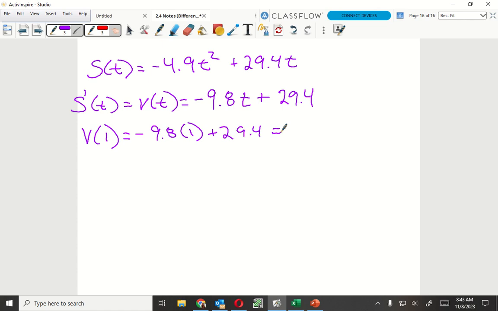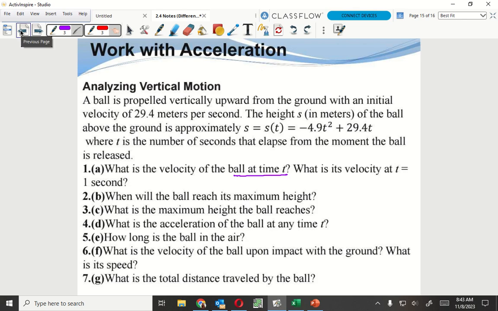Okay. So it is 19.6. Now, what does that mean? In terms of this problem, I need to label my units. Is it meters per second? Right here, yes. So the height in meters, and where time is number of seconds. That's very good.